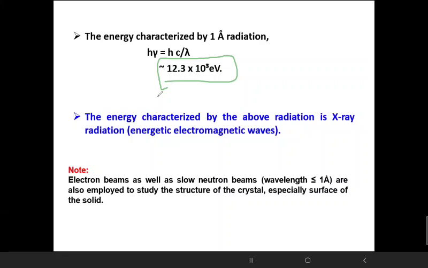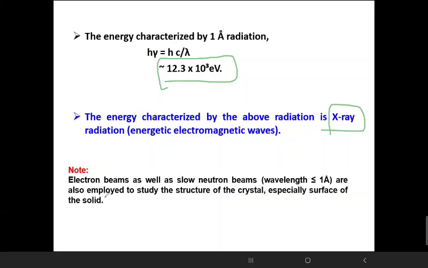So the energy characterized by this radiation is X-ray. This energy is matching with the X-rays, or else the wavelength is matching with the X-rays. That is why we are using the X-rays.